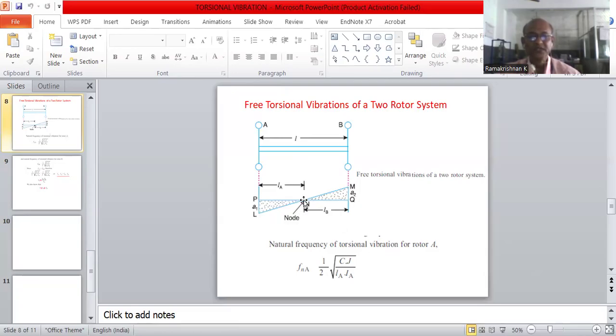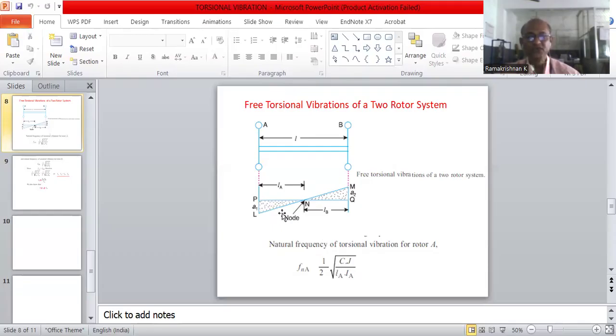So the shaft can be considered as two portions, LA and LB. Here N is the node point, and the shaft can be treated as two separate shafts of length LA and LB, that is PN and NQ.